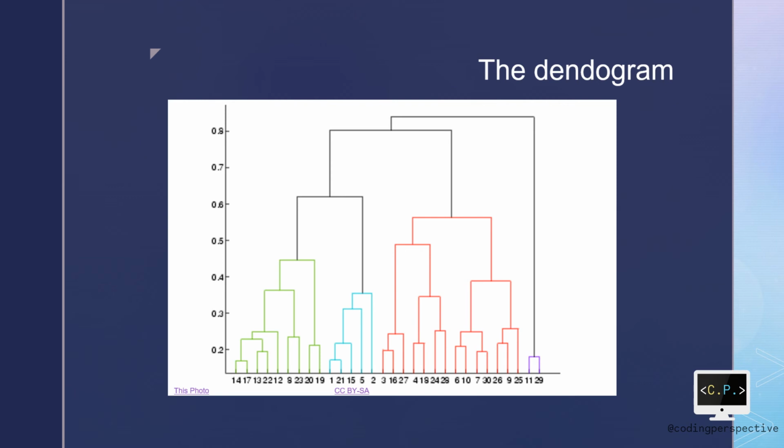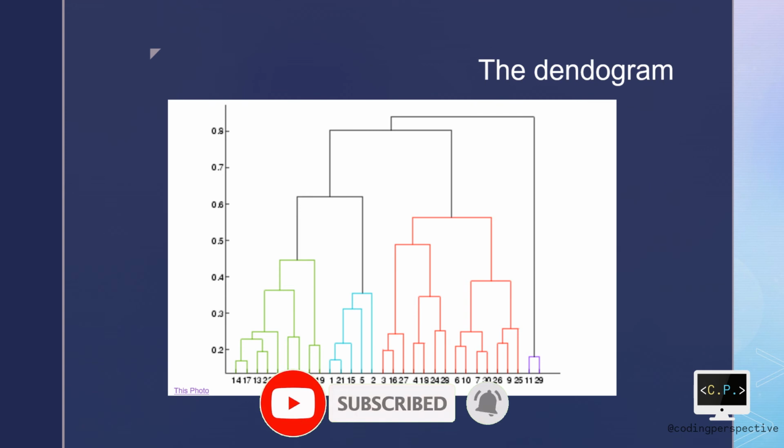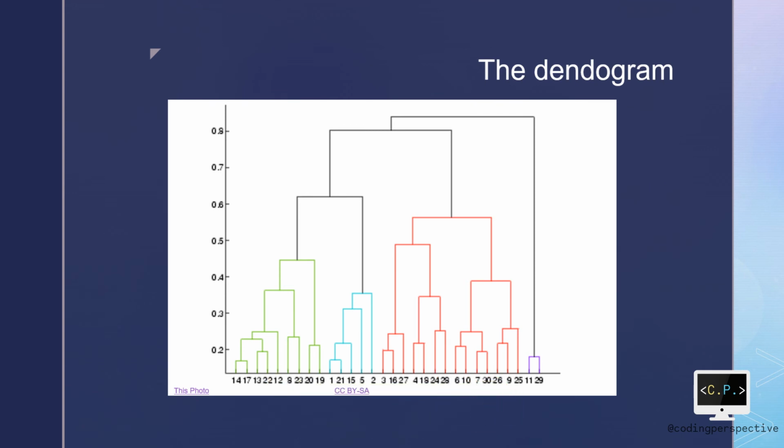Let us have a look at the dendrogram, which is a result of a hierarchical clustering algorithm. I took this dendrogram from an internet source. Each leaf on the dendrogram represents one of the observations in our dataset. However, as we move up the tree, some leaves begin to fuse into branches.